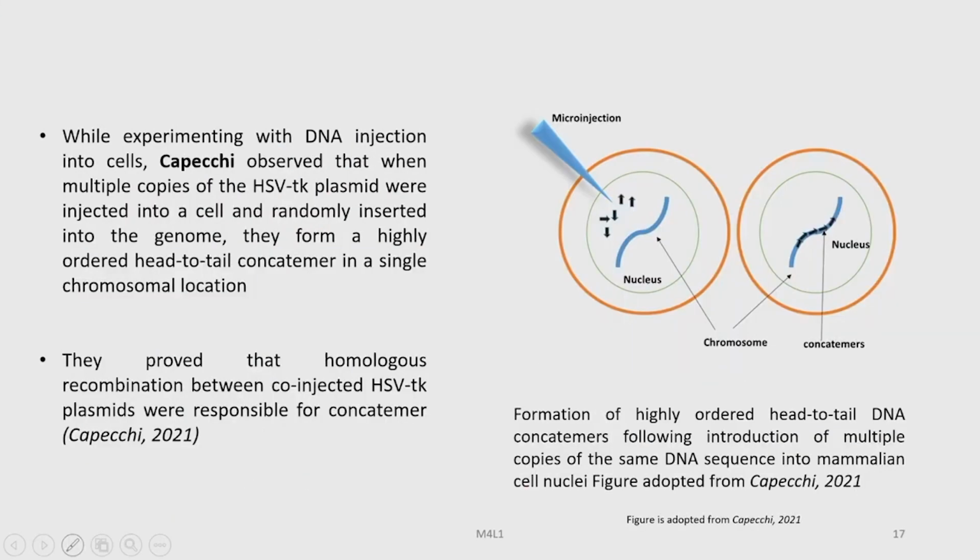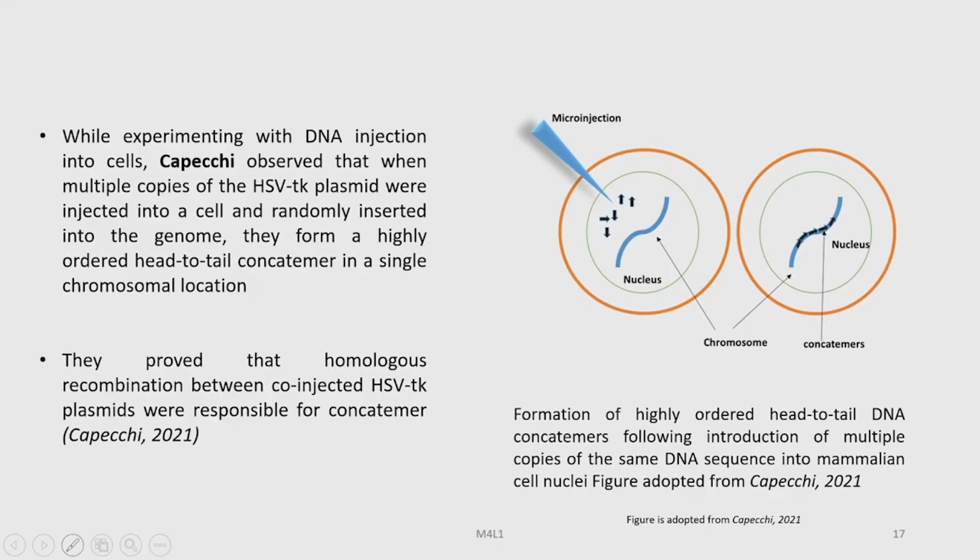While experimenting with DNA injection into cells, Capecchi observed that when multiple copies of the HSV-TK plasmid were injected into a cell and randomly inserted into the genome, they form a highly ordered head to tail concatemer in a single chromosomal location.